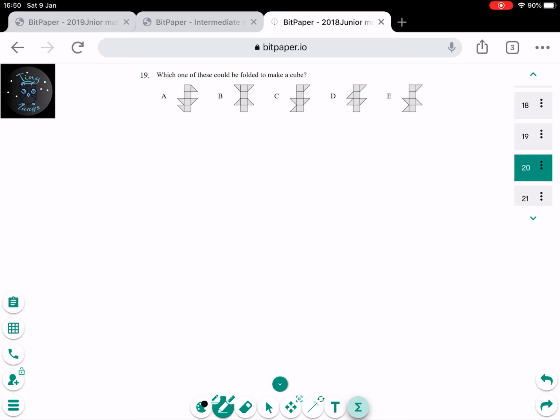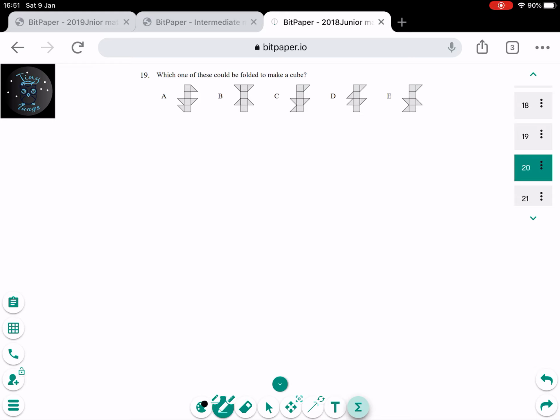For this one, I don't really have that many tips because it's kind of just visualizing things, and you just need to try to figure it out.